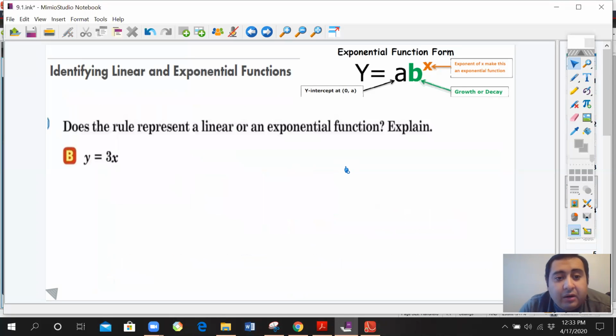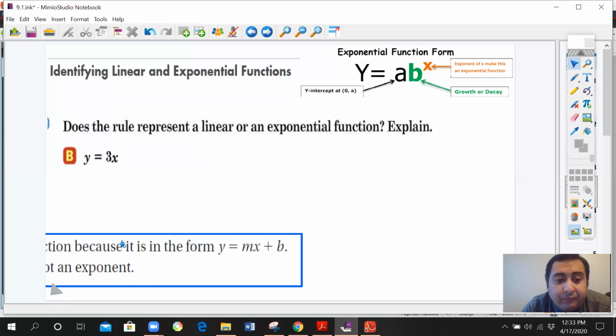All right, does this rule represent a linear or exponential function? We have y equals 3x. Notice our formula here in the corner. If we're dealing with an exponential function, it means our variable has to be an exponent. This x variable is not an exponent. So therefore, this is not an exponential function.